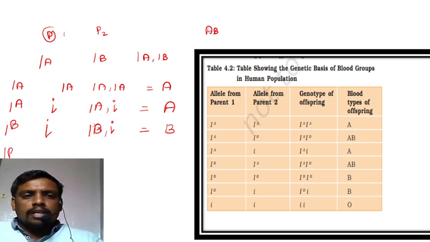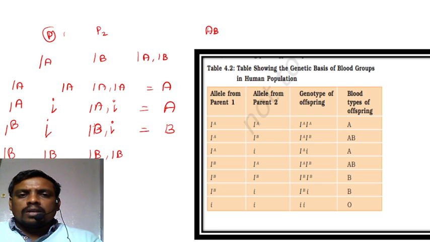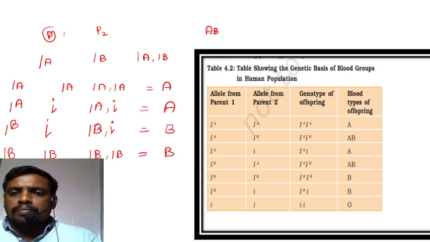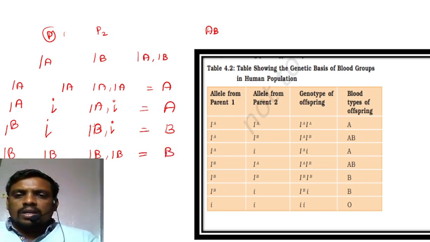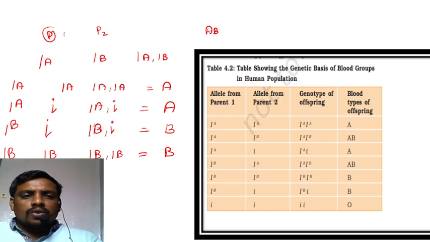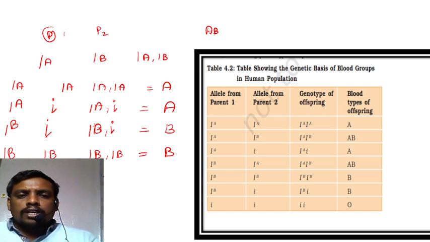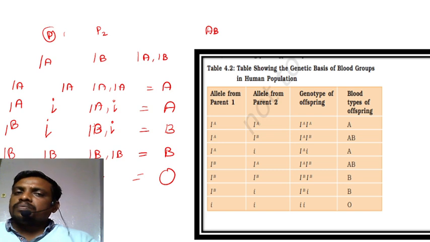From parent 1 IB allele and from parent 2 also IB allele, IB IB, the possible blood group will be B. Whereas from parent 1 small i and from parent 2 small i, the genotype will be ii, and the possible blood group will be O. Why?